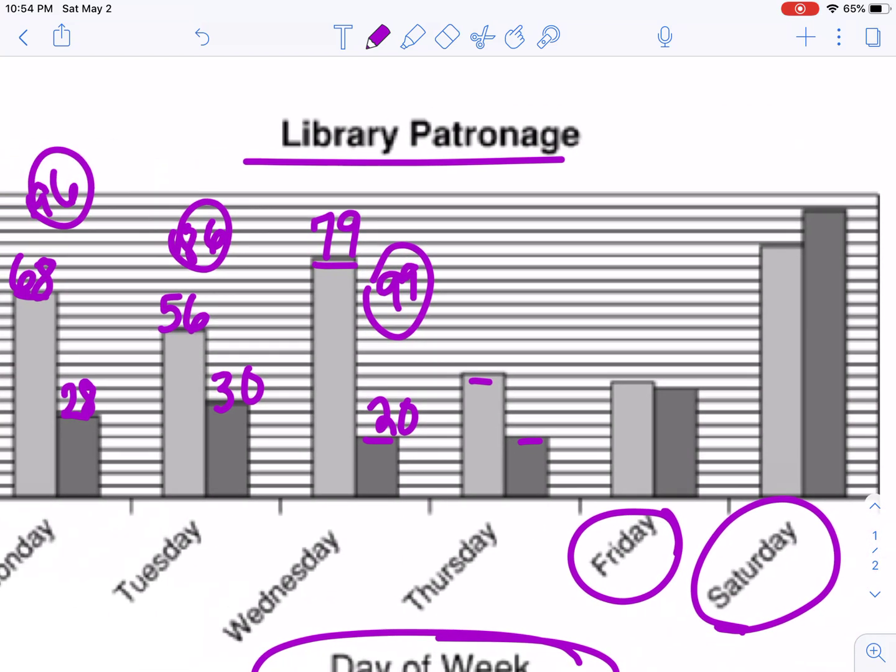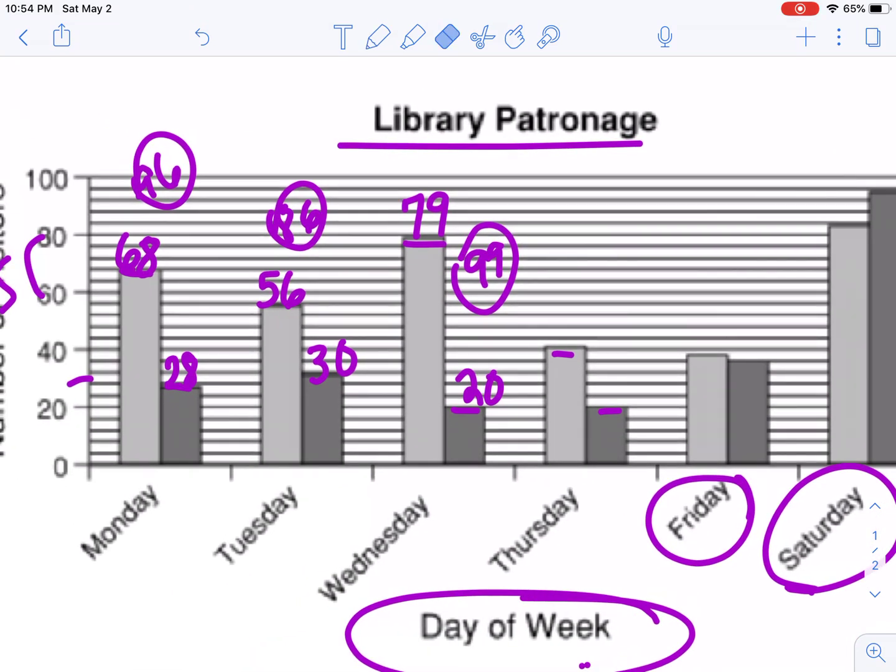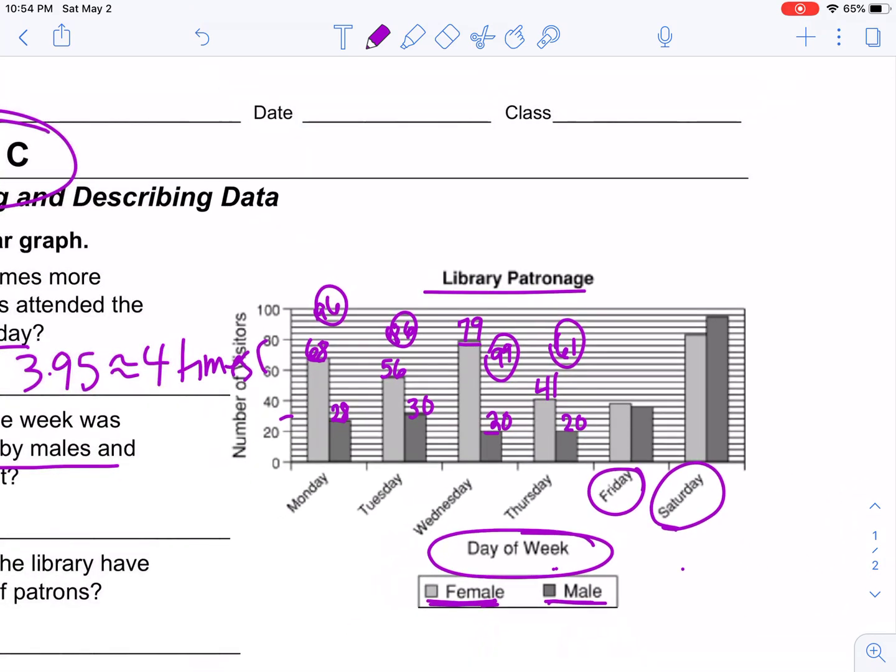How about Thursday? Well, this is right on 20, so that one's easy. And then this one is going to be right above 40. Let's call it 41. So we're looking at 61. So right now, that's the least number.